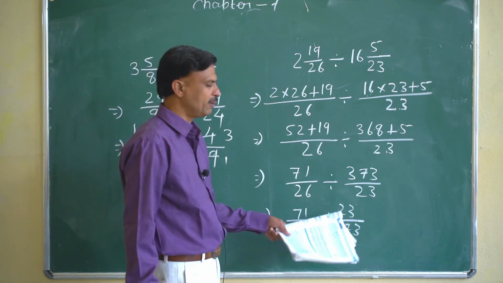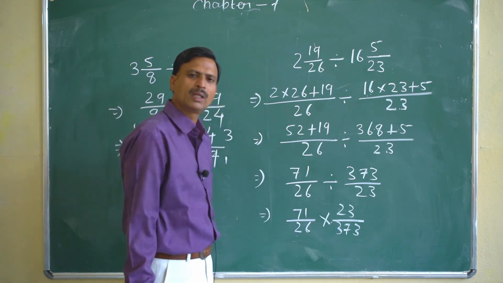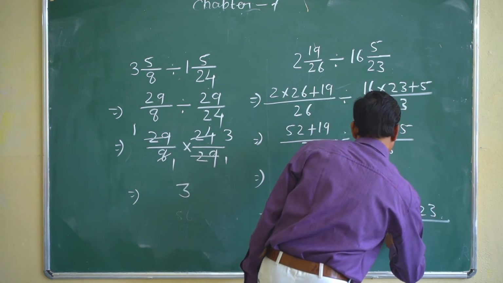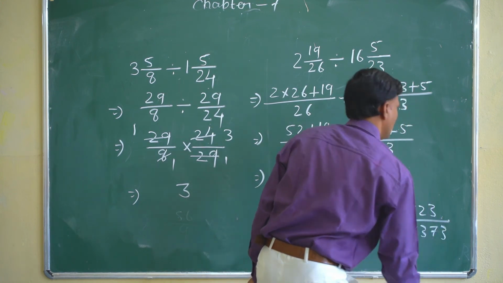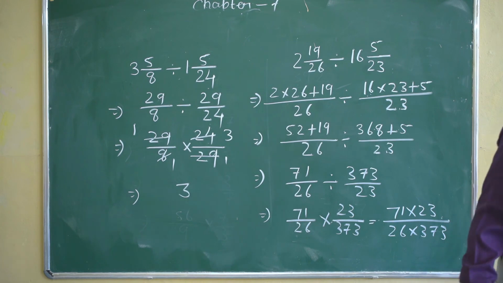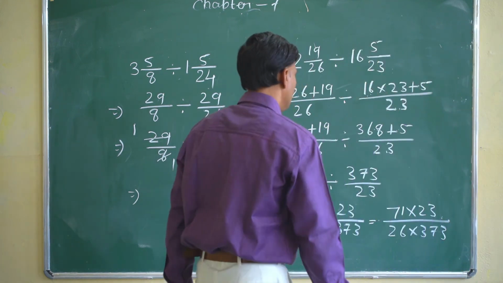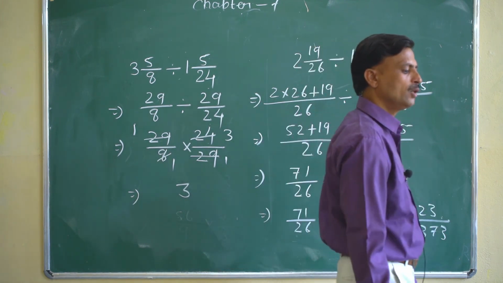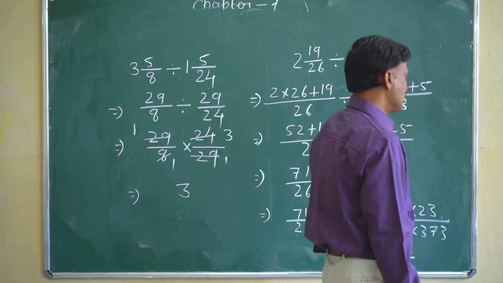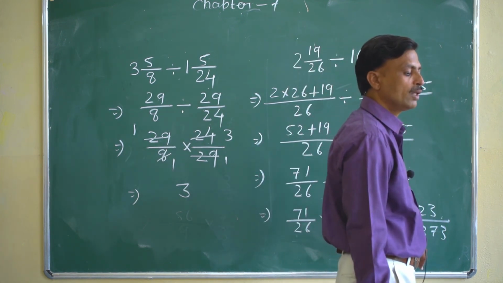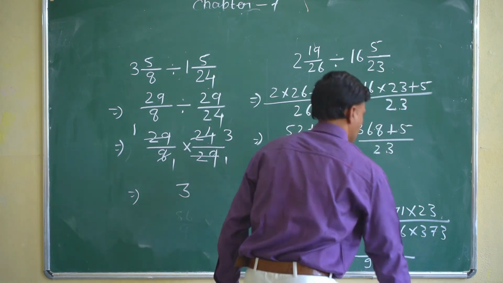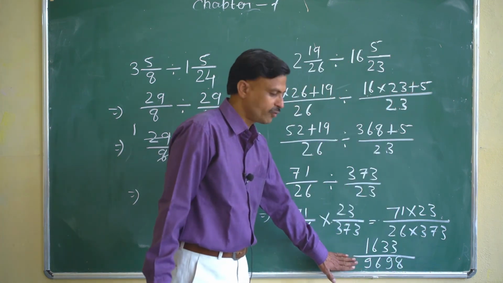So 71 will multiply with 23 and 26 will multiply with 373. So 71 into 23 upon 26 multiplied by 373. When we multiply these values, we get 1633, 71 multiplied by 23 gives 1633, and 26 multiplied by 373 gives 9698. So this will be the answer.